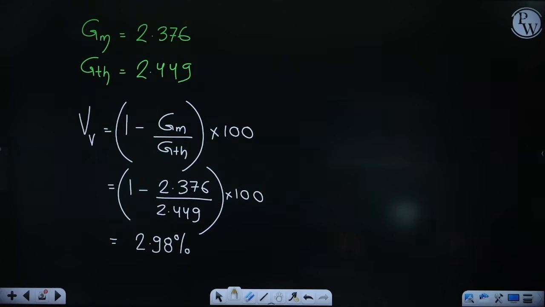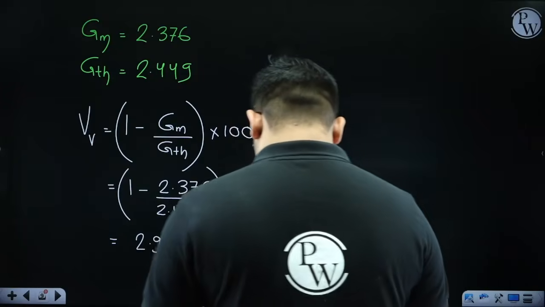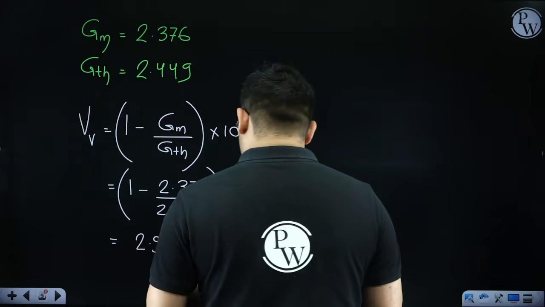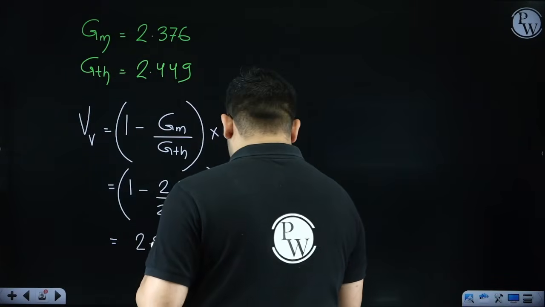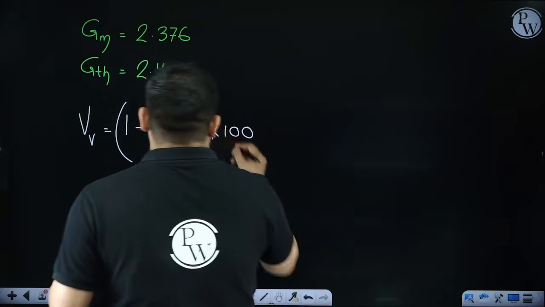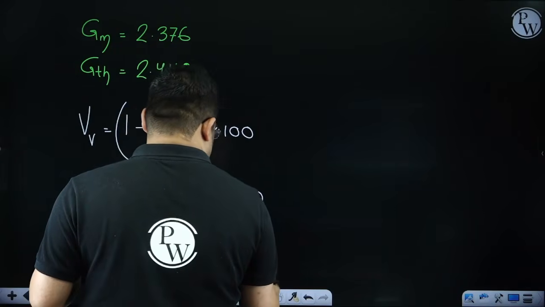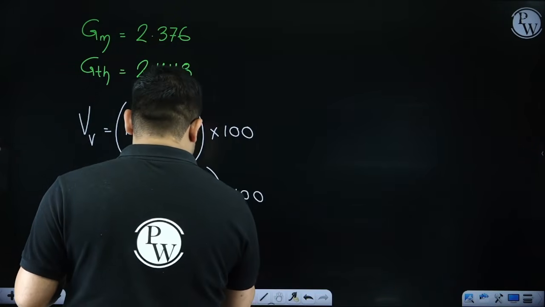2.376 divided by 2.449. Just cross check these values, because when such calculations are involved, always have a cross check. Actually, let me take this as 2.448. It is more accurate. You will get a minor variation, but let me take it 2.448.